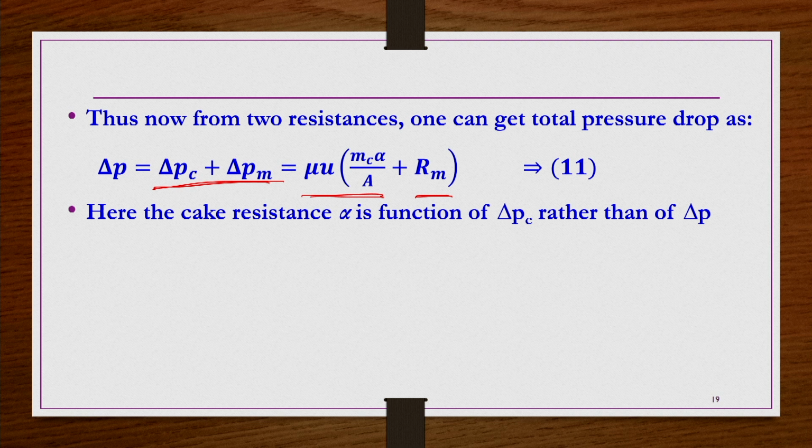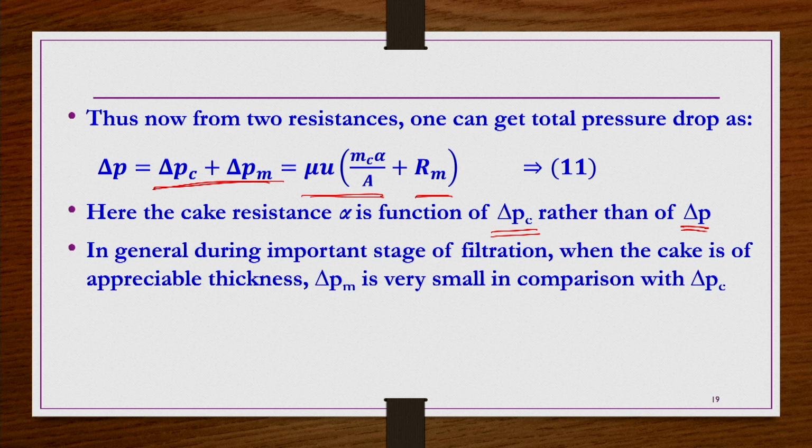Here the cake resistance alpha is a function of delta Pc rather than delta P. However, in general, during the important stage of filtration, when the cake is of appreciable thickness, delta Pm is very small in comparison to delta Pc, which we already know. Delta Pm is going to be important only at the early stage of the process, but later on it may not have a very significant magnitude compared to delta Pc.